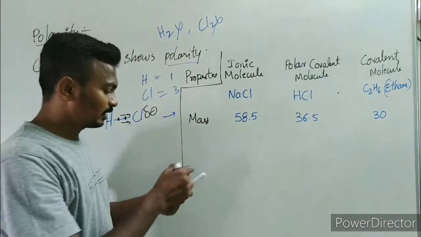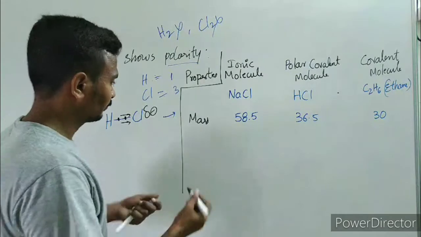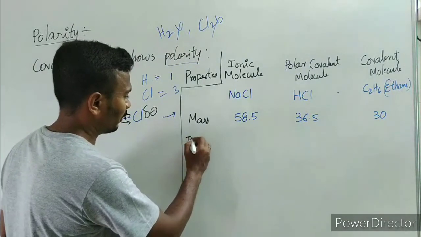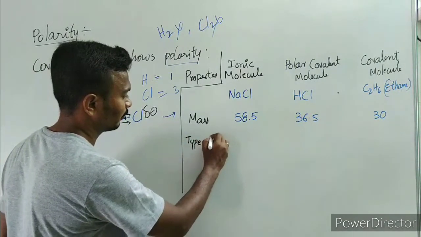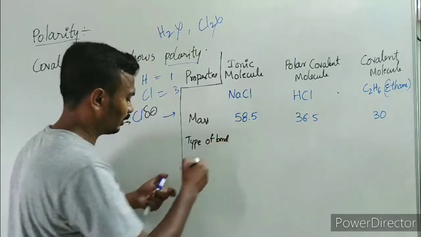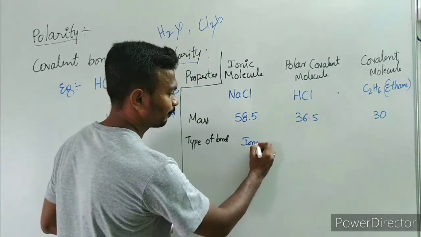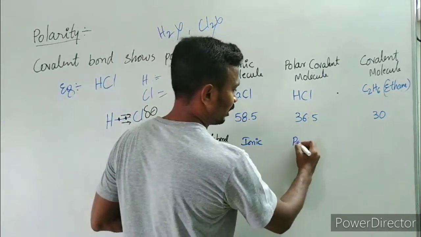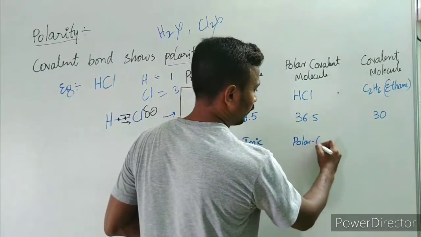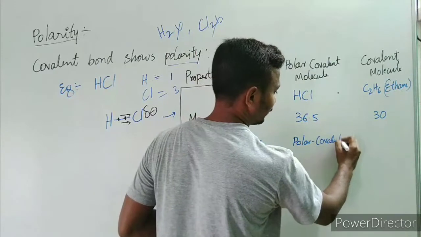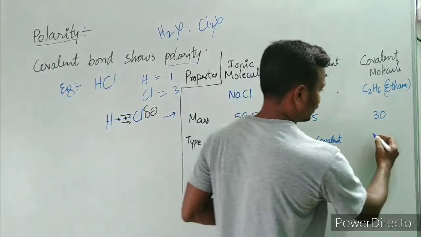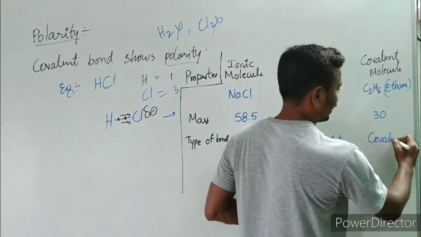Right? Next, type of bond. The type of bond here is ionic. This is polar covalent and this is complete covalent.